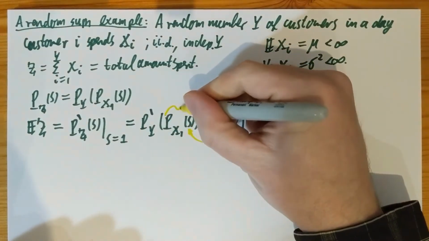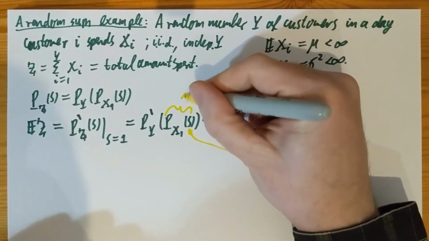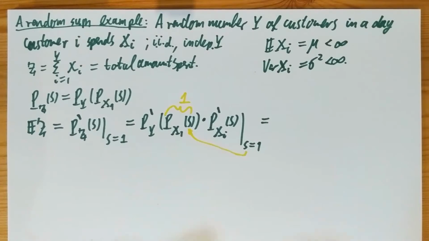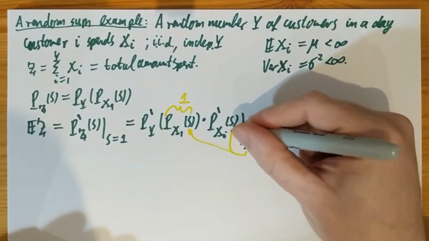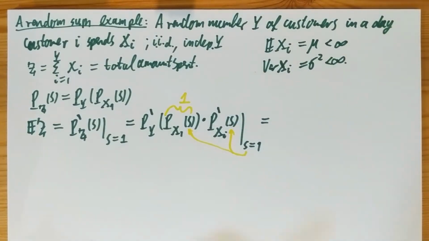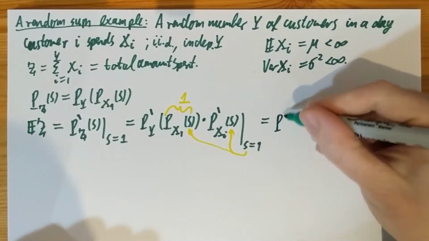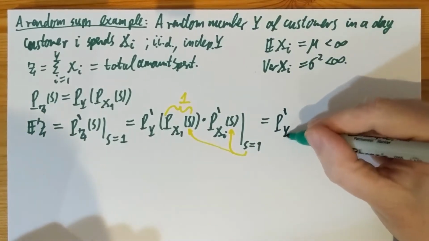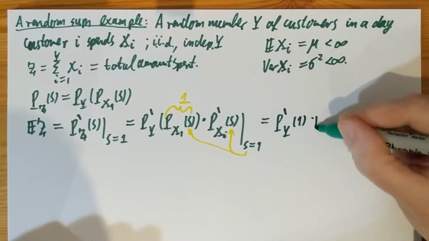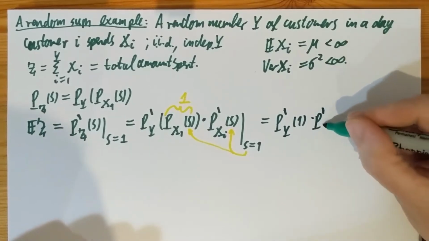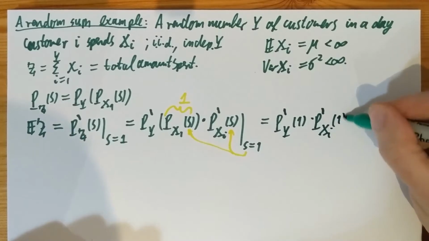So when I plug in s equals 1, then I get a 1 here. And of course when I plug in s equals 1, then I get a 1 there. So let me proceed with this line as P prime of Y at 1 times P prime of Xi at 1 again.